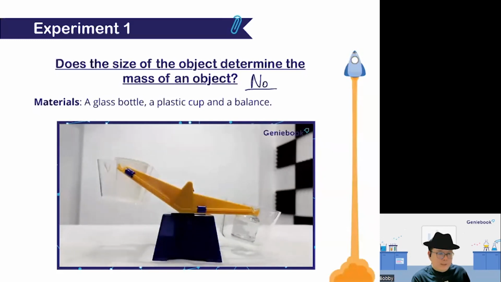Based on the beam balance, you will notice that the side with the glass bottle went down. When we are using a balance, the side that goes down will have a greater mass.